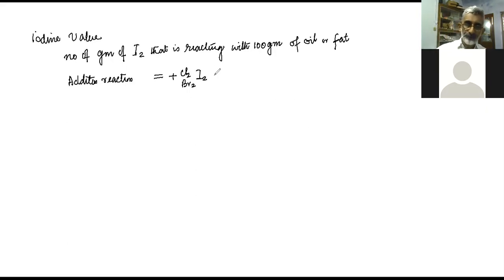Now, if you add, the double bond will be converted into a single bond. You can do this with certain reagents, and you can calculate how many grams of iodine is added to a particular amount, let's say 100 grams, of the oil which you have taken.